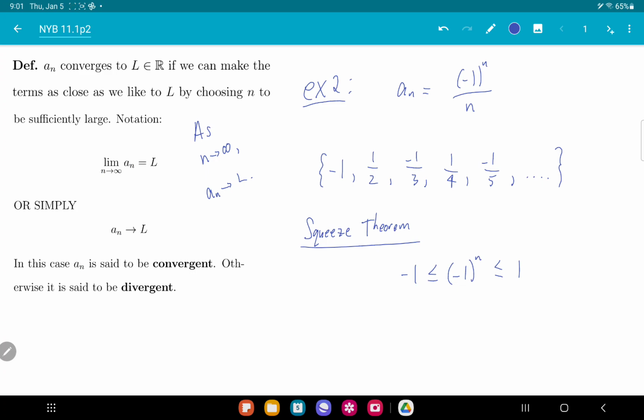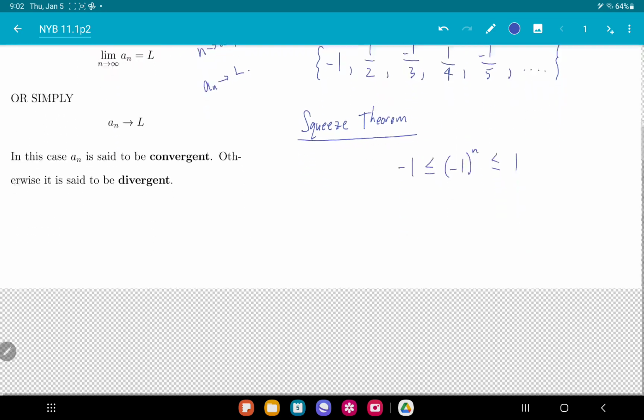Now the idea is I want to take this basic inequality and I would like my sequence to appear in the middle here. So I take this inequality and I divide all three pieces, 1, 2, 3, by n.